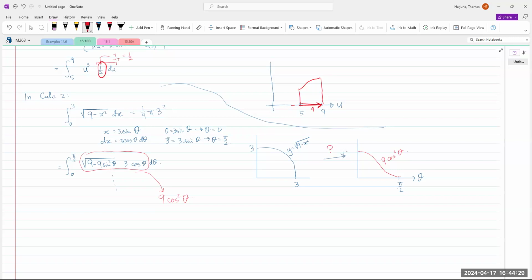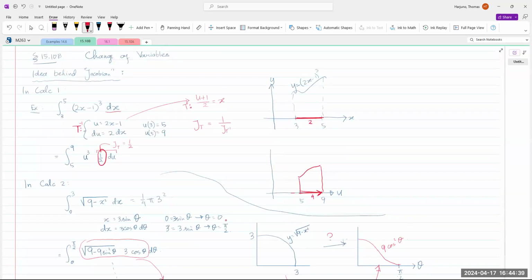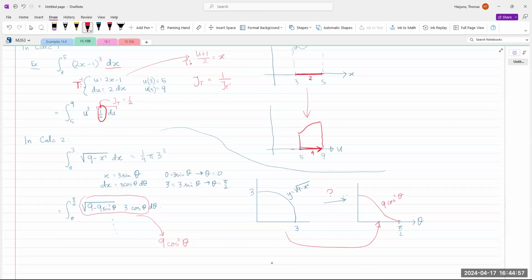So there's some magic happening between here and here that we cannot really explain the way we explain the earlier example. In that one I can say, you see the domain of integration from 3 to 5 now becomes 5 to 9, the length is doubled, therefore the height is halved. But in our next example here, it's not being doubled.